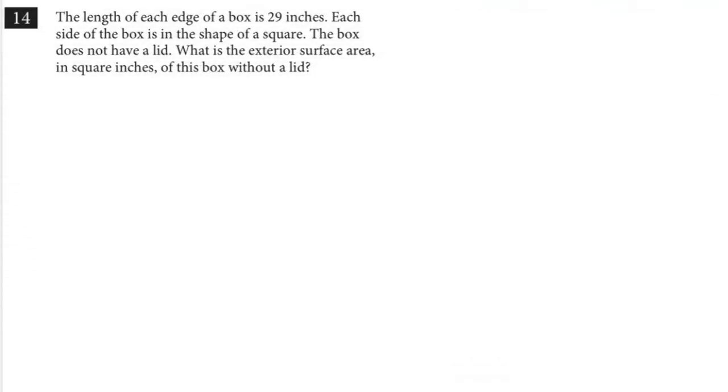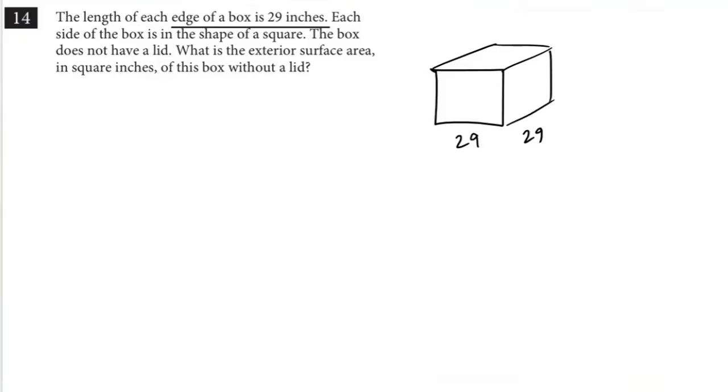Question 14. The length of each edge of a box is 29 inches. Each side of the box is in the shape of a square. So this is definitely a cube. So each edge is 29, and we know that in a cube, each face is a square. The box does not have a lid. Oh, so there is no top. One surface is missing.